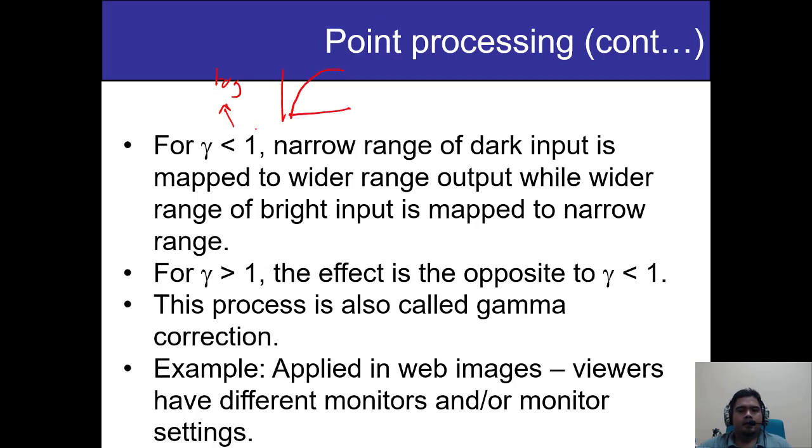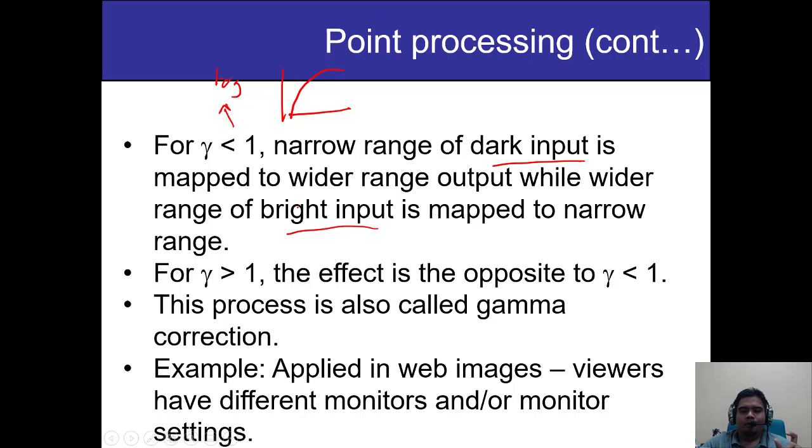For gamma less than 1, a narrow range of dark input is mapped to a wider range of output, while a wider range of bright input is mapped into a narrow range. Even though they are using the words narrow range of dark input, and then you have a bright input there.